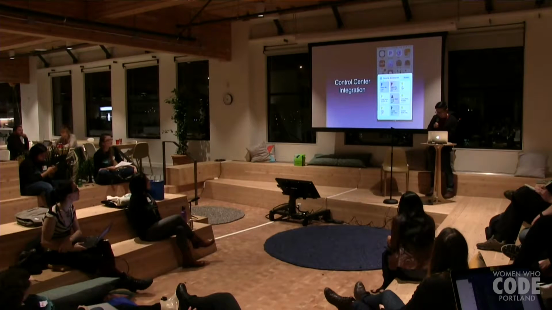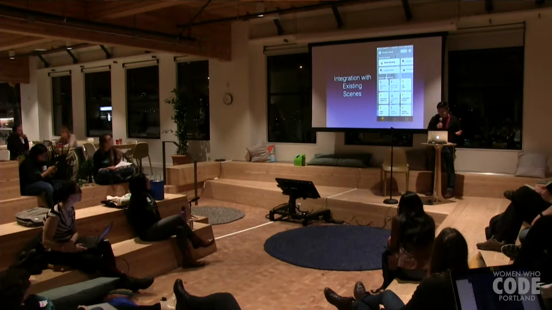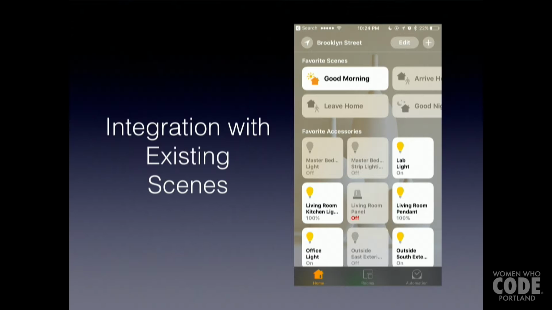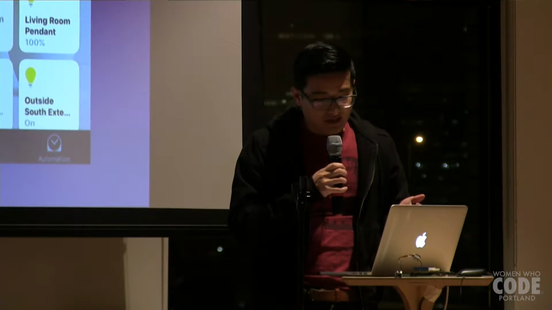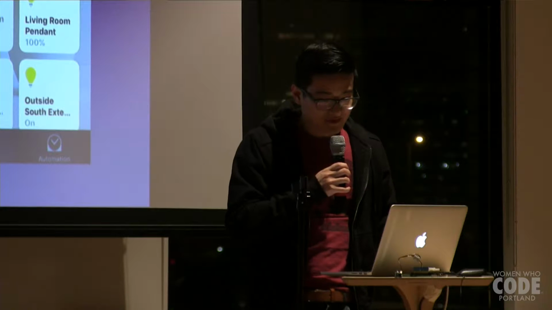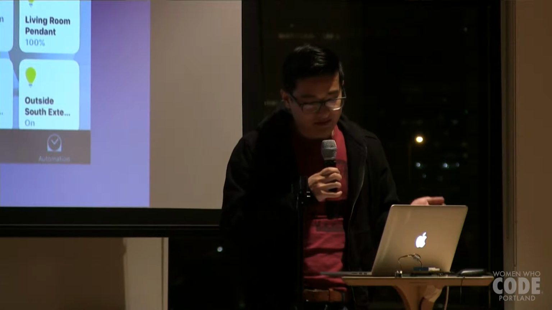Another thing that you get is integration with the existing scenes that your user may have set up. A scene is just a way to control multiple accessories at the same time. So iOS includes certain default scenes like good morning, arrive home, leave home, good night.